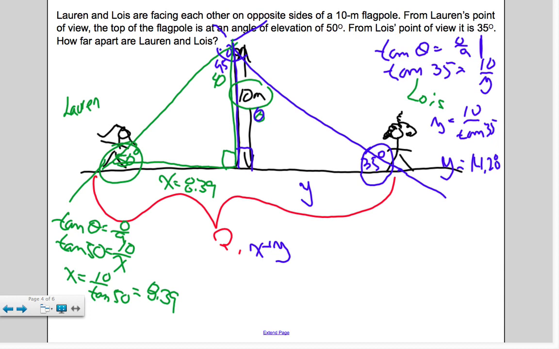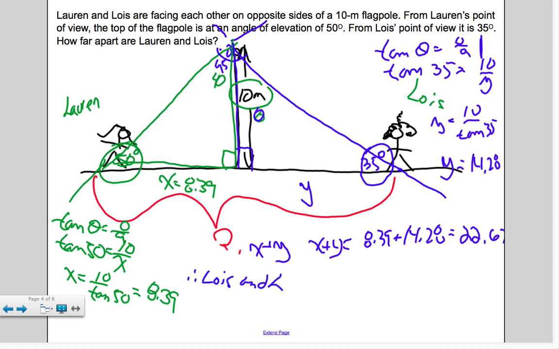So therefore x plus y is equal to 8.39 plus 14.28, which is roughly 22.67. So Lois and Lauren are 22.67 meters apart.